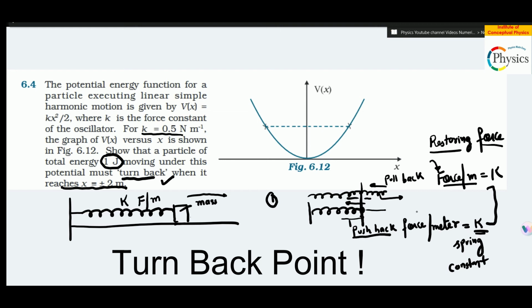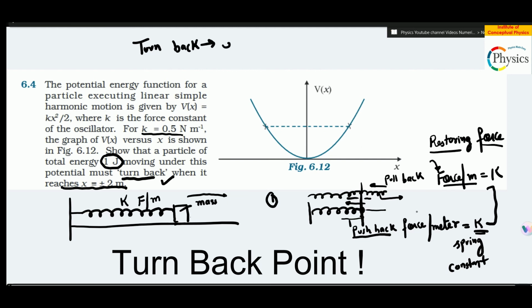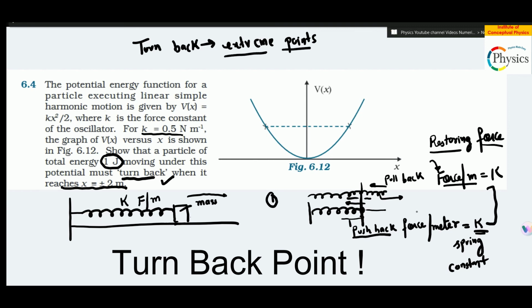So at the turn back point, it is very important. The turn back point is the extreme points of oscillation as in simple harmonic motion. These are the extreme points where the body wants to come back. So this is equilibrium. It gets elongated and reaches here, right?